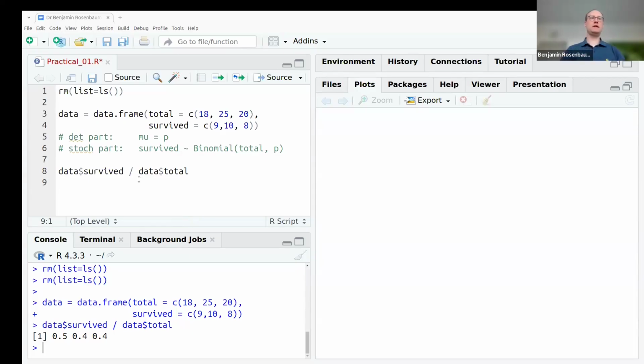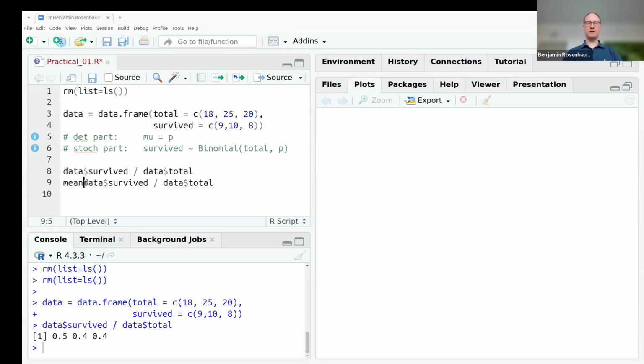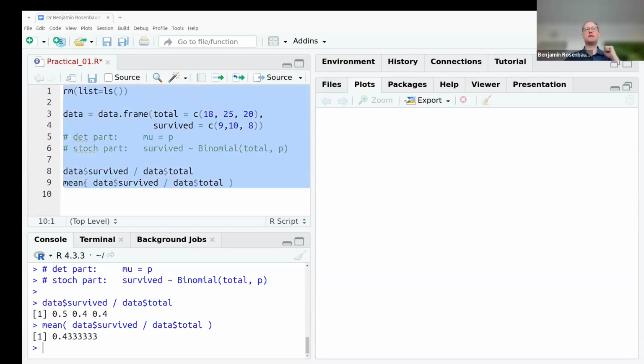And also naively, we could just take the mean of these. So I will just copy and paste this, and I will put the mean around this. And we could say, okay, well, this is the mean survival rate. But I wouldn't advise to do this. This is not a statistical model. We lose some information here, but I will talk more about this when we actually talk about generalized linear models.